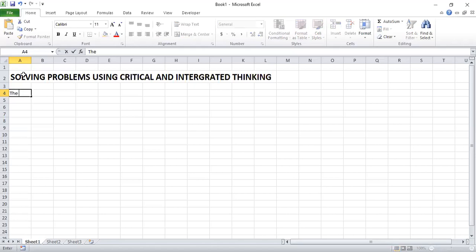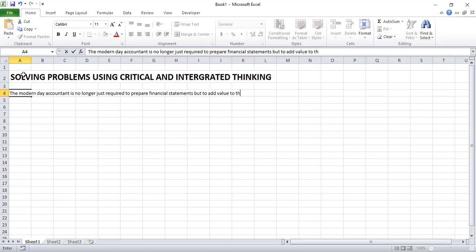So we're saying the modern day accountant is no longer just required to prepare financial statements, but to add value to the organization through participation in problem solving, and developing the business.